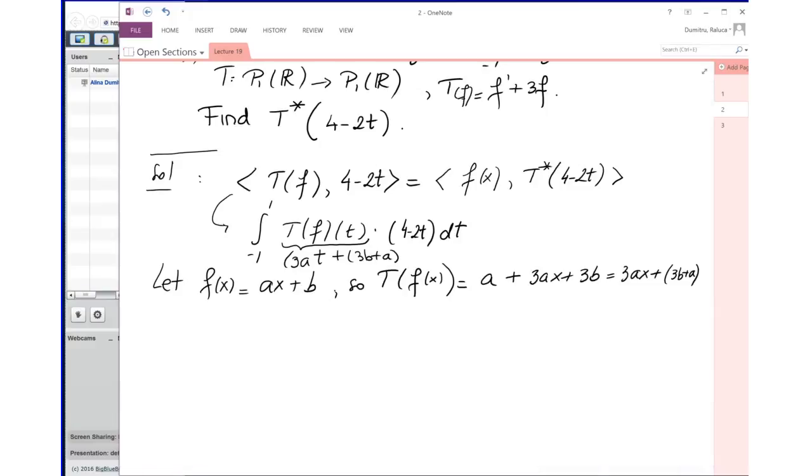Now we can figure out what that integral is. Let's see what it is. Integral from -1 to 1. So 3at plus 3b plus a is multiplied by 4 minus 2t, right? So you're going to get a second degree polynomial out of that.